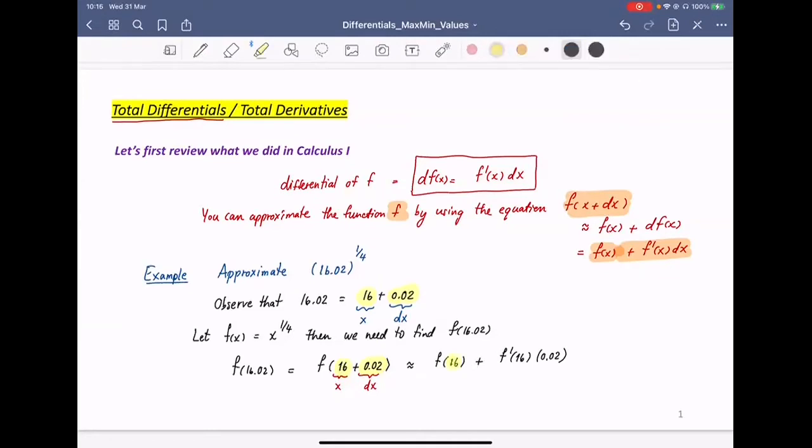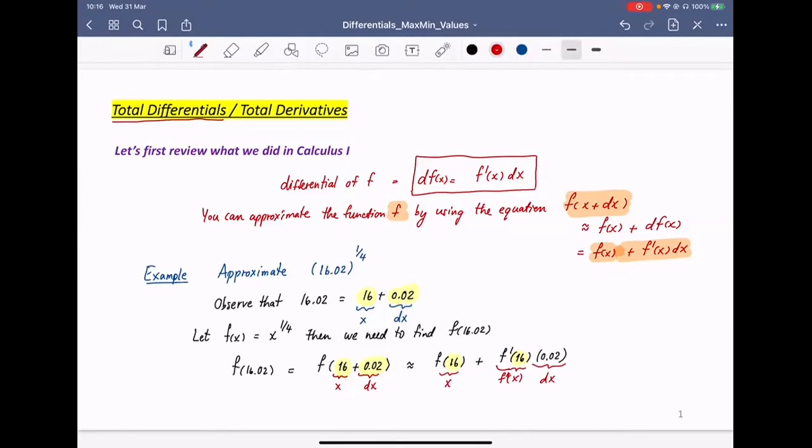So this is going to be f of x plus f prime x, and then multiply by dx. Does it make sense? This is what you did in calc 1. You probably forgot it already. That's fine. So I remind you that this is what you did in calculus 1.